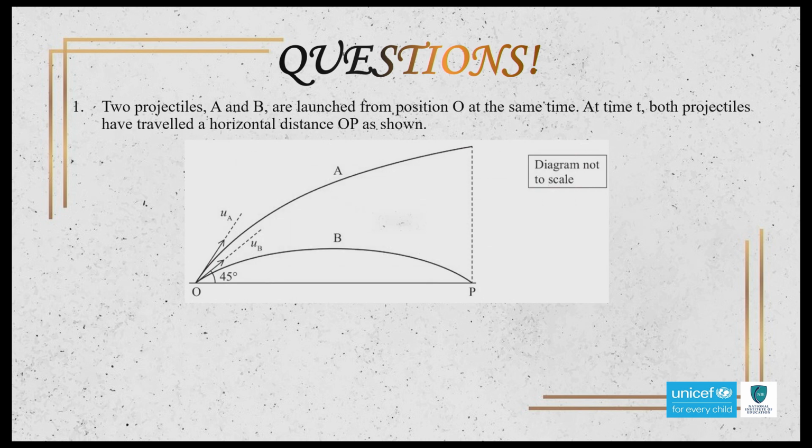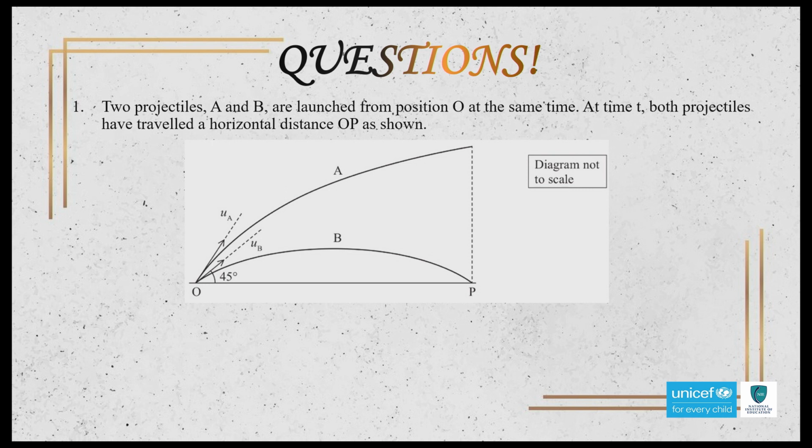Here the question you can see: 2 projectiles A and B launch from position O at the same time, at time t. Both projectiles have travelled the horizontal distance OP shown. You can see this question they have asked in this Excel paper, the horizontal distance and the times are the same.